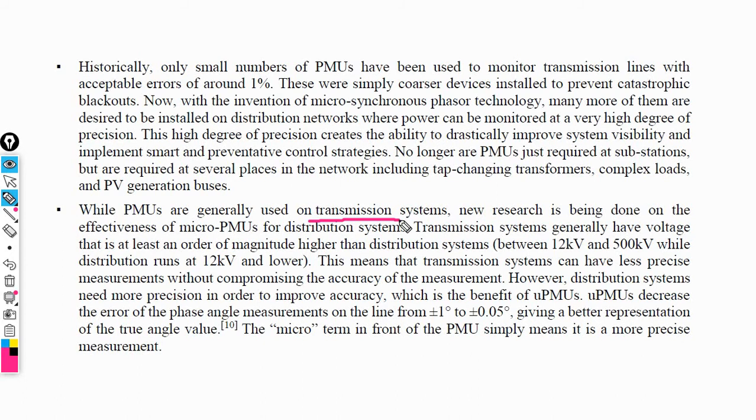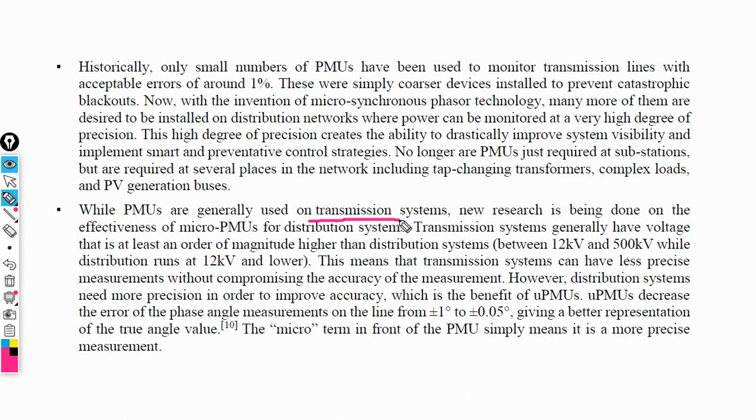Now this is the exact concept of the phase measurement unit, in which we also have to measure the phase angle, and the phase angle error greatly affects the whole system of the phase measurement unit.